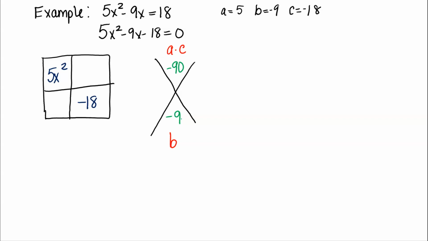And again, if you're not sure, you can just start working your way through your factors of 90 or negative 90.